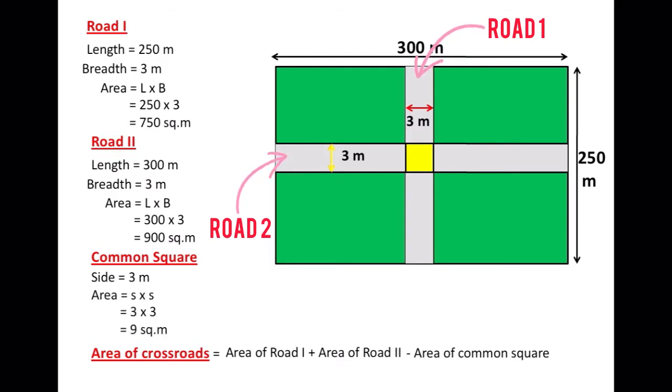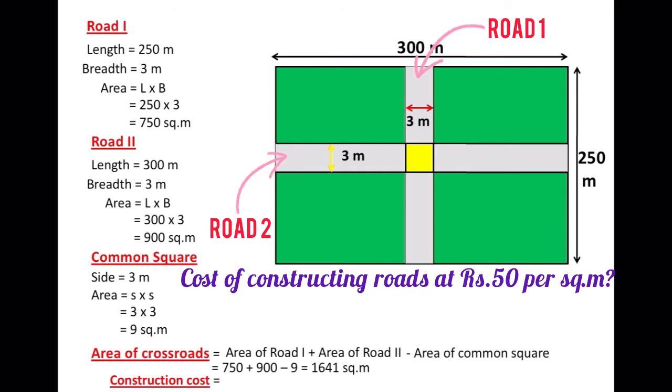Now let's put in the values of area of road 1, area of road 2 and the area of the common square in the formula and find out the area of crossroads, which comes out to be 1641 square meters. Next we have to calculate the cost of constructing the roads at rupees 50 per square meter.